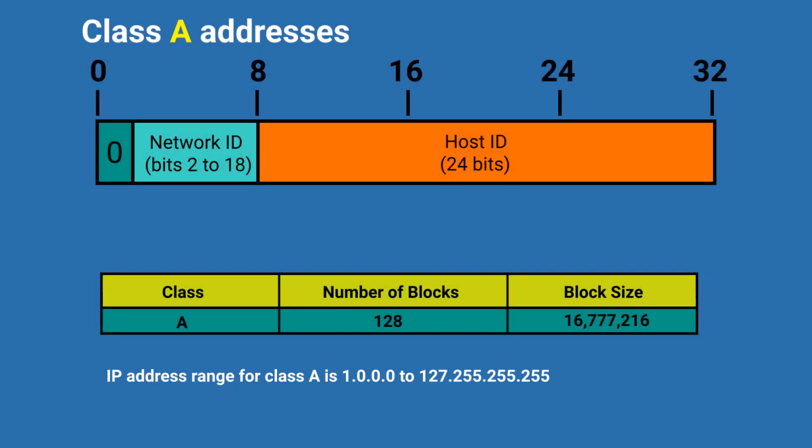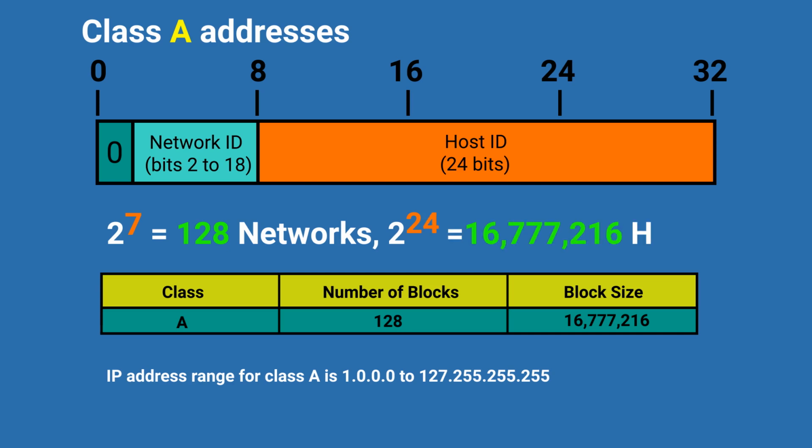As one bit in Class A addressing, 0, is reserved for class identification, it can support 2 power 7, 128 networks, and 2 power 24, 16,777,216 hosts. These 128 networks are called the number of blocks, and 16,777,216 hosts is called the block size.